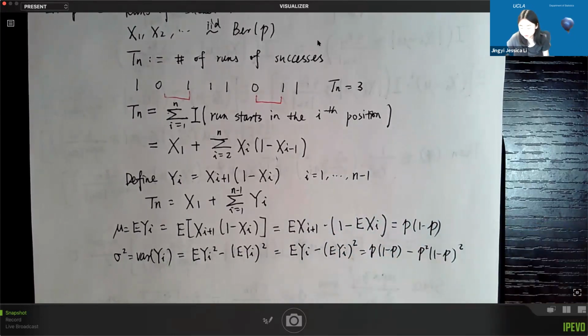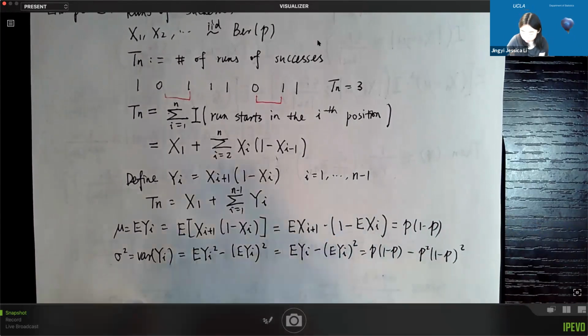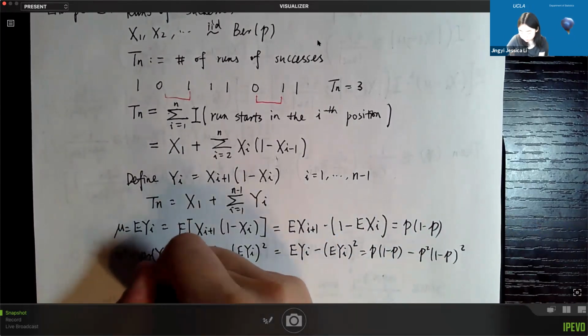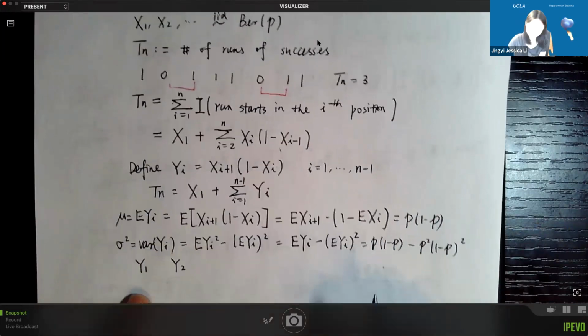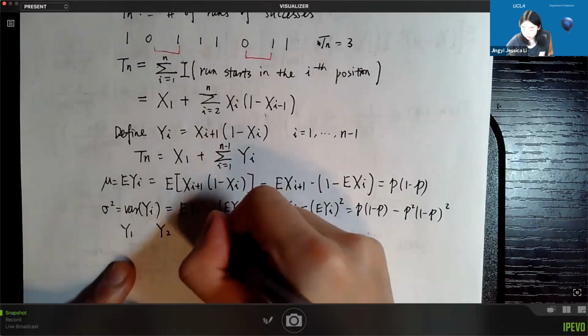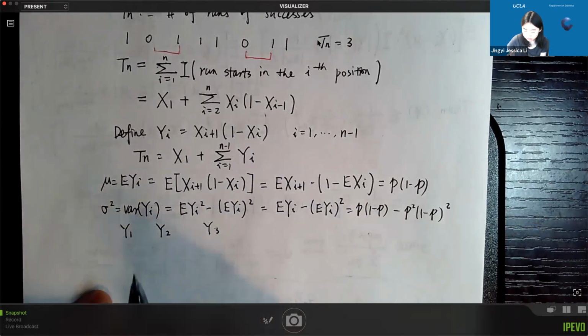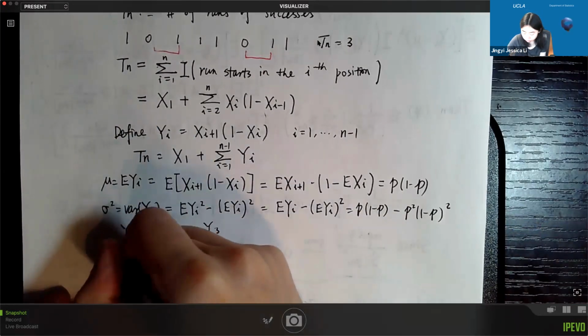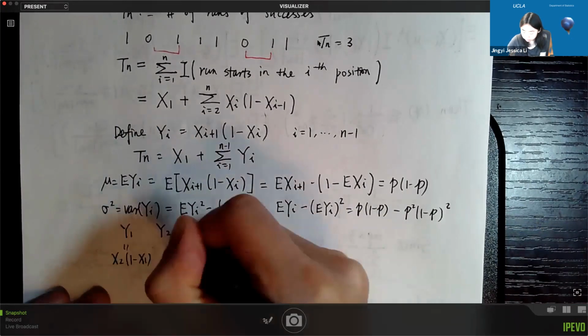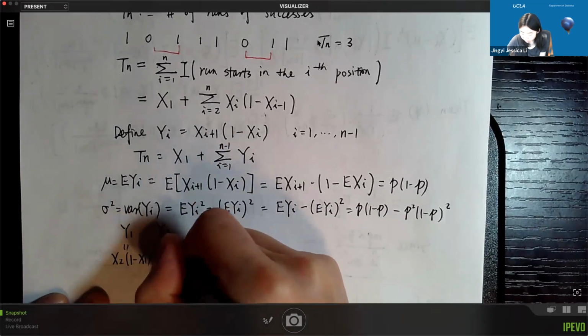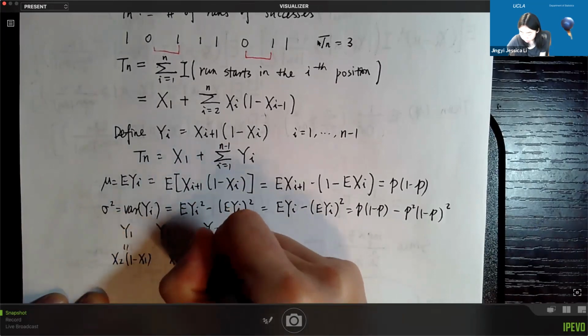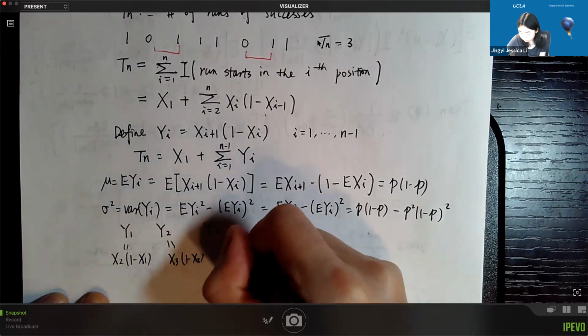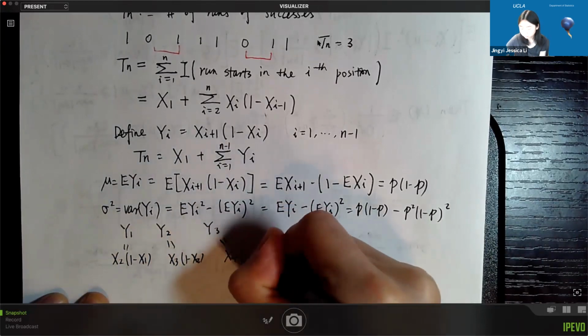Okay, now the covariances. Let's look at the sequence and see how the yi's depend on each other. Let me write the sequence for your information: y1, y2, y3. Let's write the first three. This is equal to x2(1 minus x1). This is equal to x3(1 minus x2). And this is equal to x4(1 minus x3).